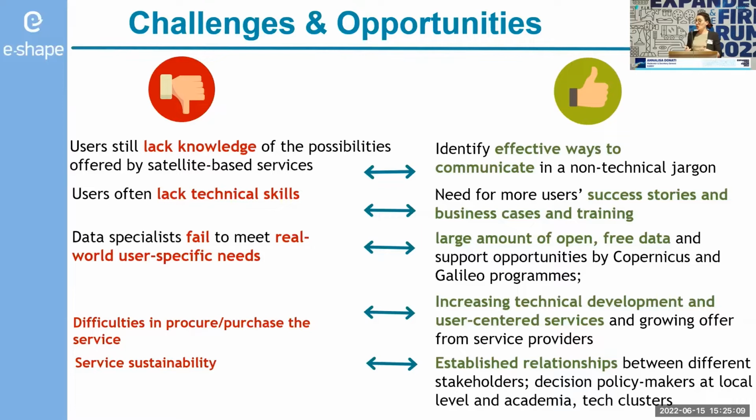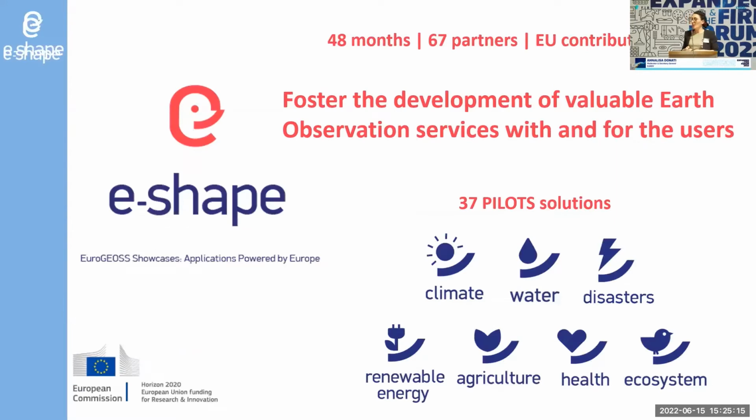This is very much connected with E-shape, because E-shape, as I will mention in a couple of seconds, is based on the interaction of the service providers with the users. E-shape is a 48 months flagship European project, which is basically building the European contribution to the Group on Earth Observations' Global Earth Observation System of Systems initiative.